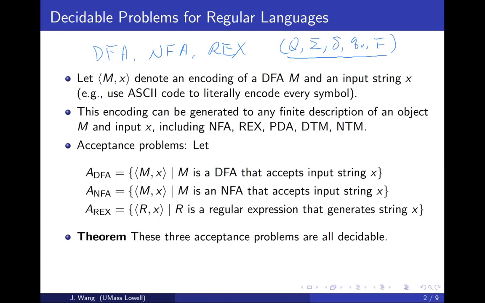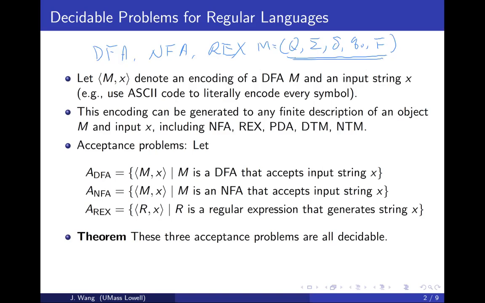So you have, say, this is your M, then you have a binary string that represents that M. When that binary string is given to a Turing machine, the Turing machine needs to decode that encoding. After decoding, you get all these parts back.